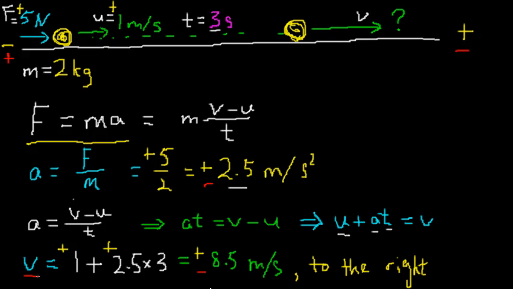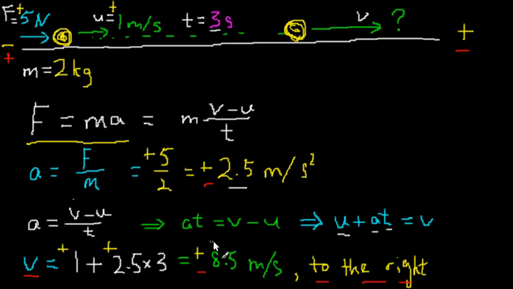So if you get minus 8.5, how would you describe the answer? You would say that the velocity is 8.5 meters per second in magnitude. To which direction? Let's see. In my new convention for the sign, my minus is to the right. So I would describe the velocity as 8.5 meters per second to the right.